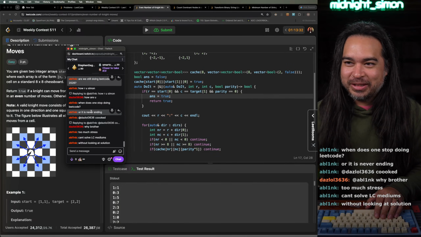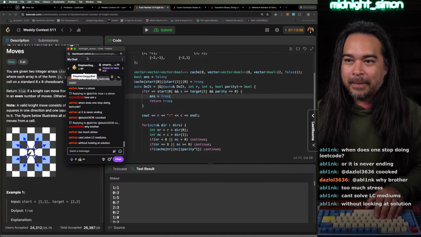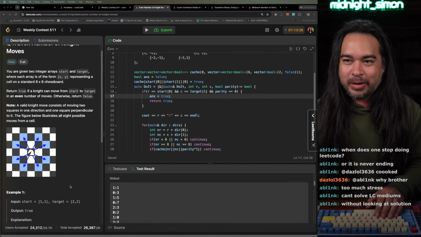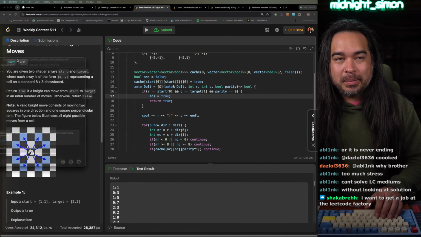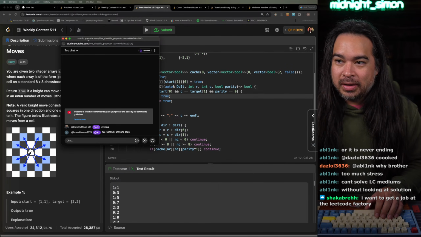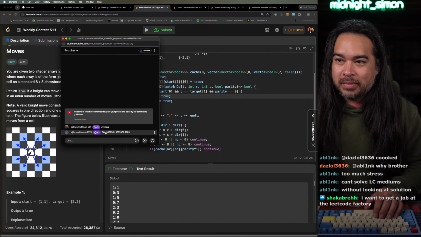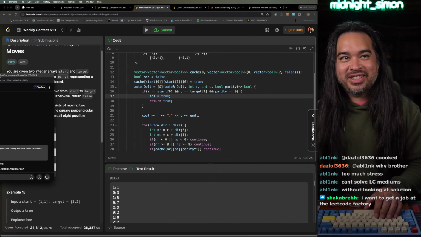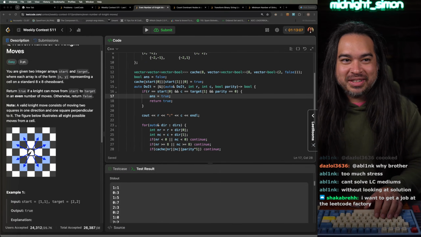Whenever you feel like to. Can't solve LeetCode mediums without looking at solution. That's how I feel these days, man. Lucas from YouTube, what's poppin'? Solution. What is that? Is that boobs or whatever? In the calculator.